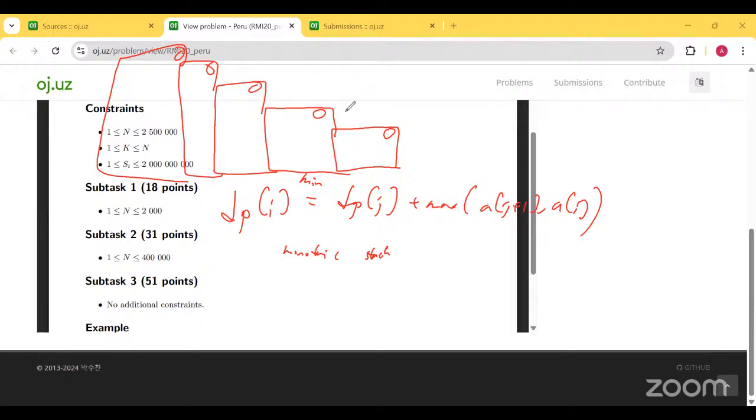So we can keep a set and store all of these values in the set, and as we change the stack we can update the set as well. When we want to get the DP value we can just get the minimum in the set. That will be our answer.